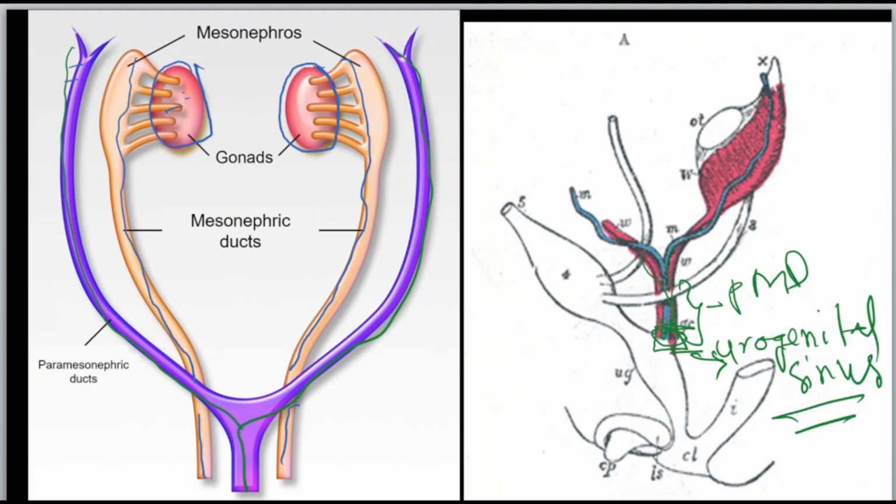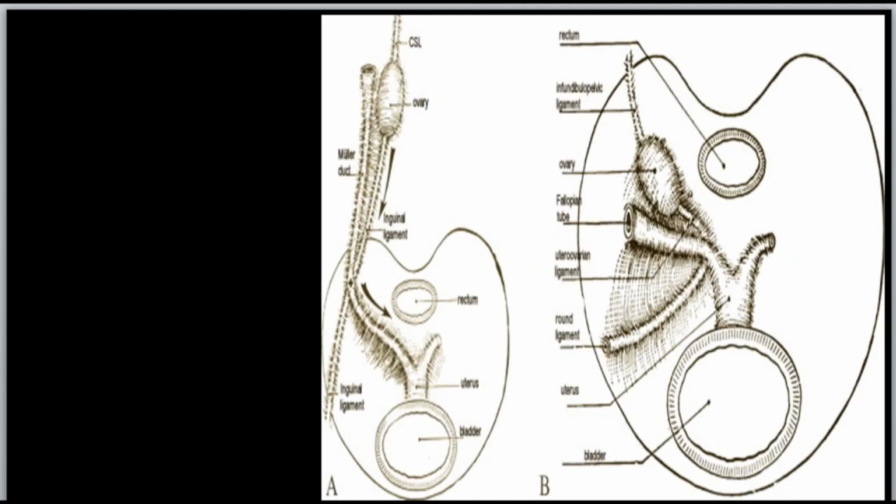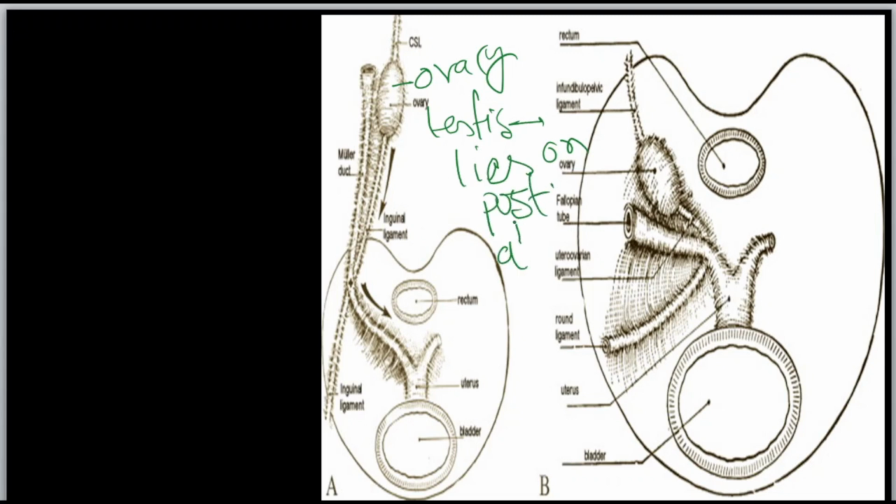And we know first the indifferent gonad, either ovary or testis, lies on the posterior abdominal wall at the level of the lumbar region.